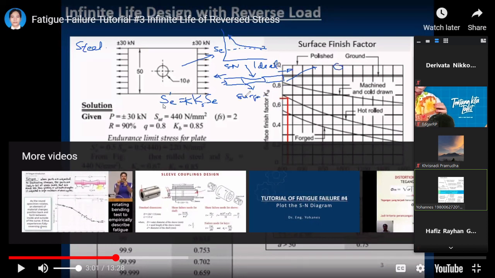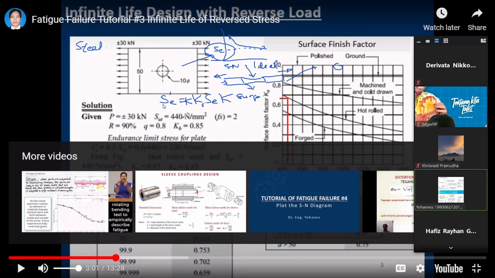So it is a different type of load. How can we apply this standard with a different type of load? We have to put another factor here. We will discuss later the influence of each factor.